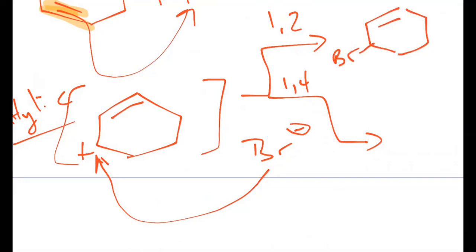And then the 1,4 product, where's the bromine going to attack in that case? The double bond. It's going to attack here, isn't it? And then cause that double bond to shift over. So for the 1,4, this is the product.